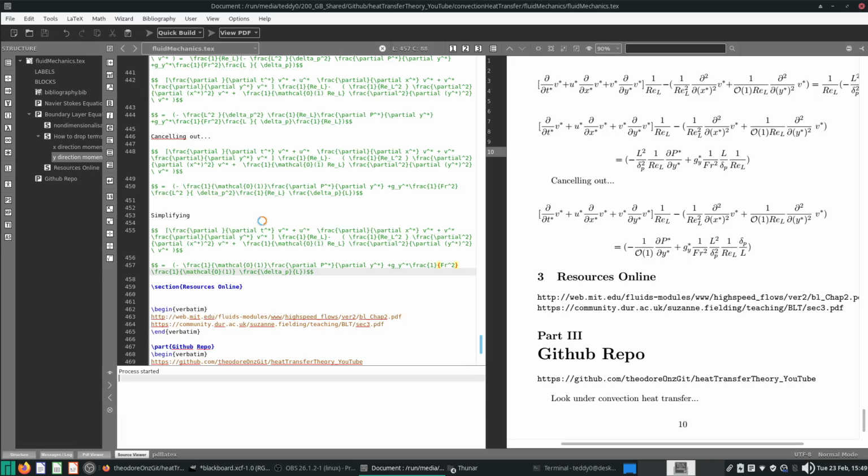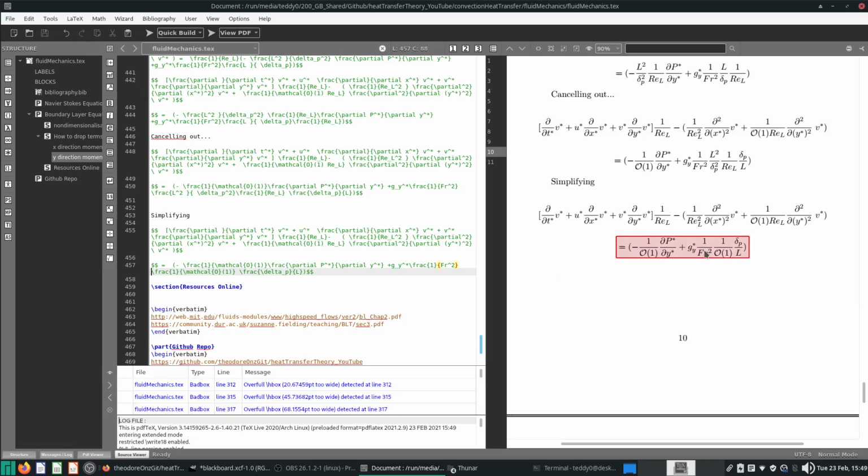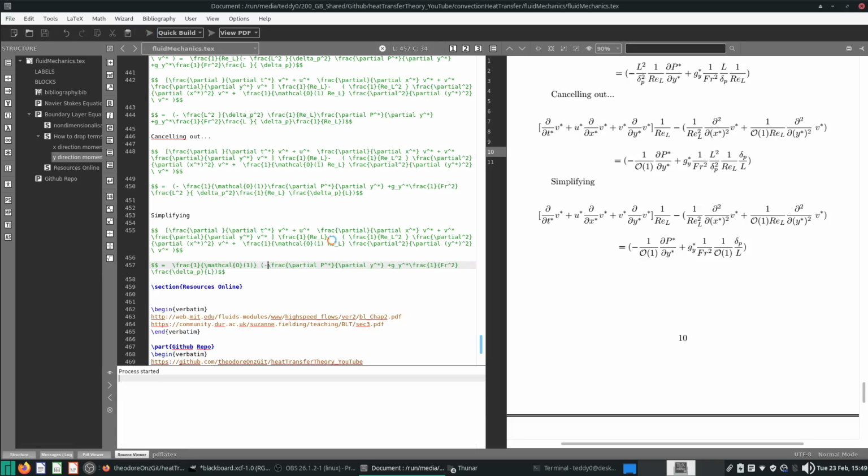Okay, so this is what we can do. Alright, so now it's very easy to compare. We can of course factorize out this order of magnitude of 1 here. And basically we see something.